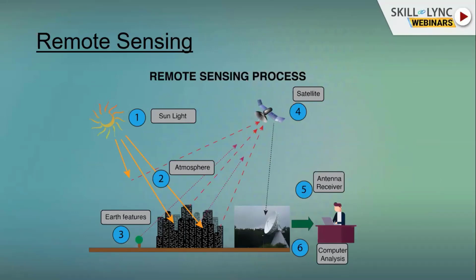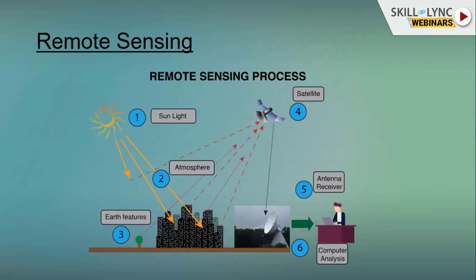This is sunlight, atmosphere, earth features. We have then satellite, antenna receiver, and computer analysis. So you can type in the chat box what are the 2 kinds of remote sensing techniques that we are going through nowadays.